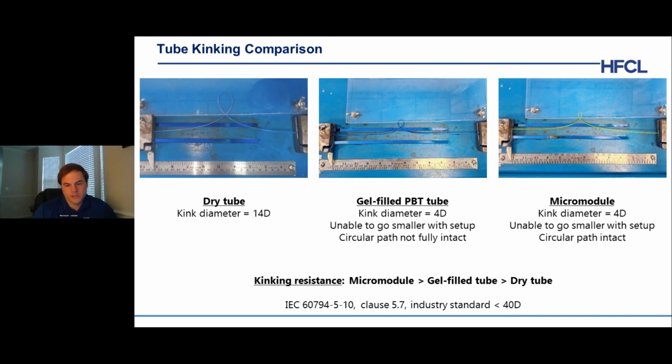After going through the straining process, when you're cutting the tubes out and exposing them, the PBT tends to show more of a spiral type path as opposed to the micromodule, which tends to be easier to handle. But for kinking resistance and general handling performance: micromodule, gel filled tube, and then dry tube in that order.